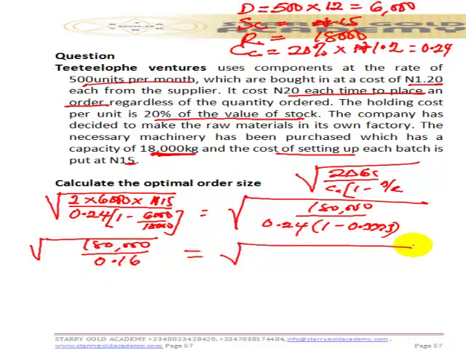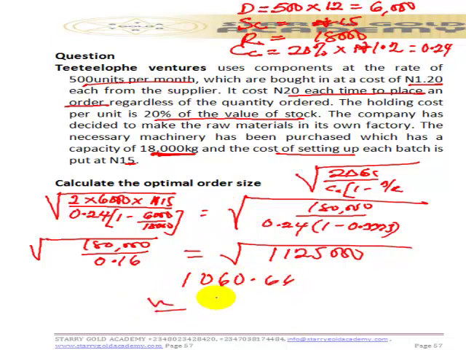I decided to solve in steps, not jumping anything. So 180,000 divided by 0.16 will give us 1,125,000. Then the square root of the answer, so that is 1060.66.